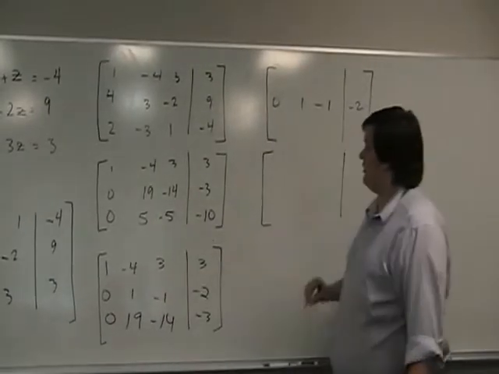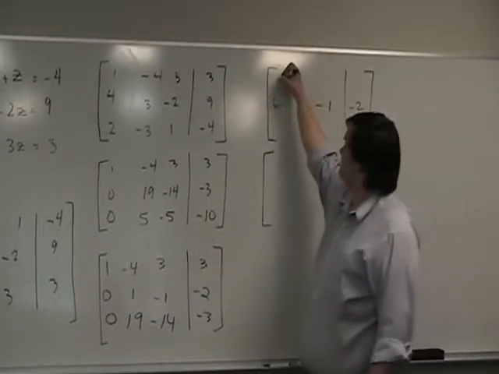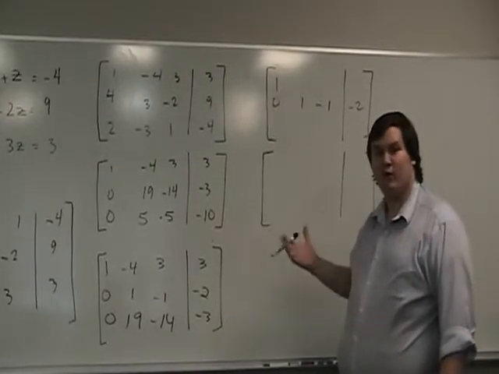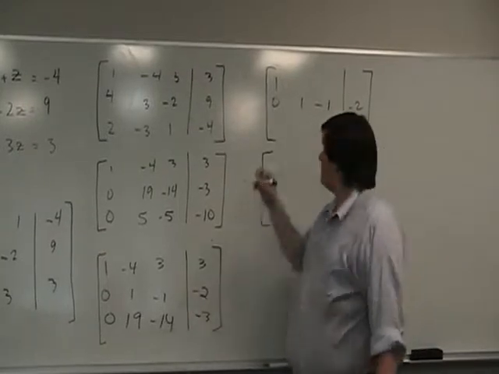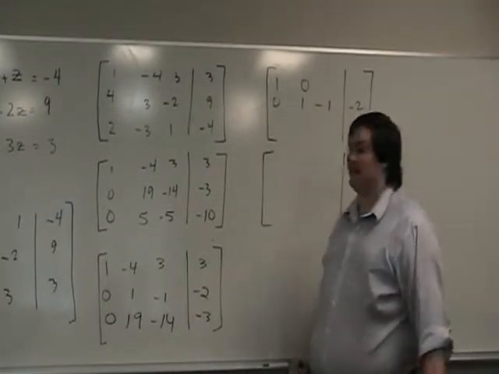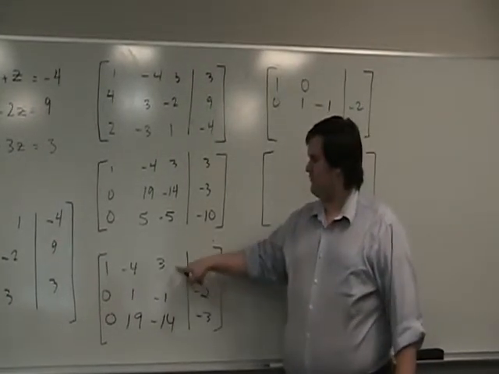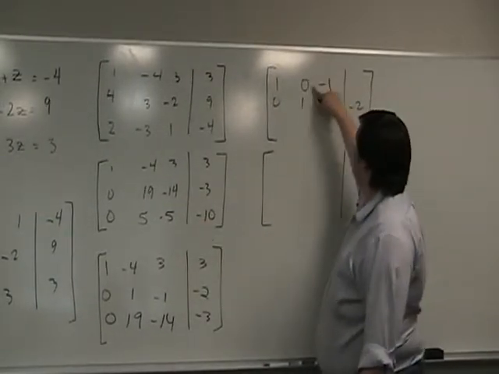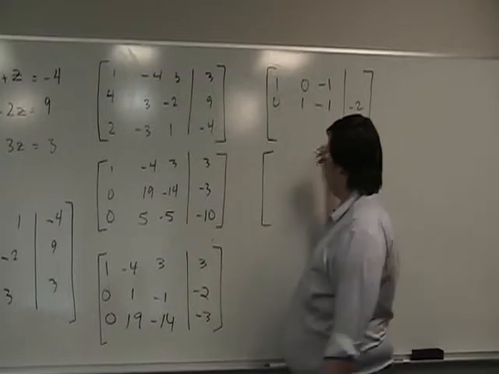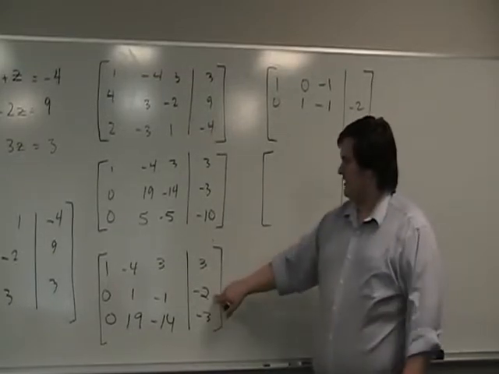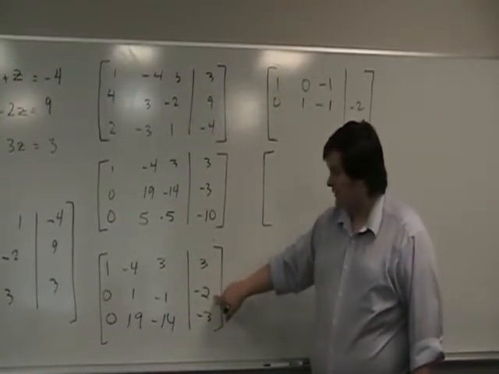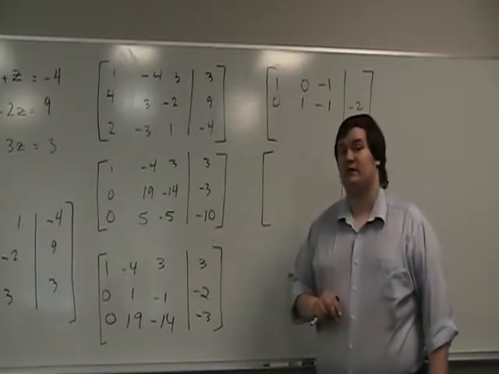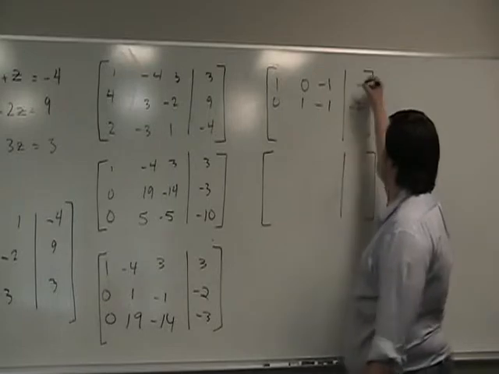So 0 plus the 1 leaves it as 1. 4 plus negative 4 gives us a 0. That's our balance. Negative 4 plus 3, what does that give us? Negative 1, exactly. And then finally, we have negative 2 times positive 4 is negative 8. Negative 8 plus 3 is negative 5.